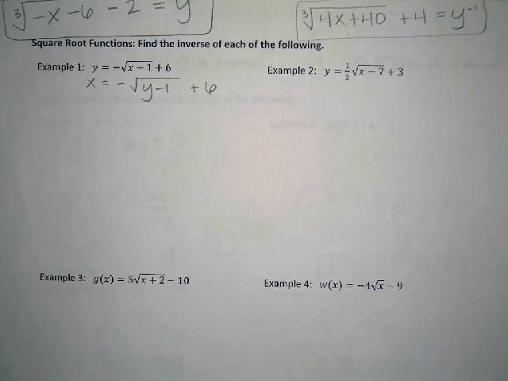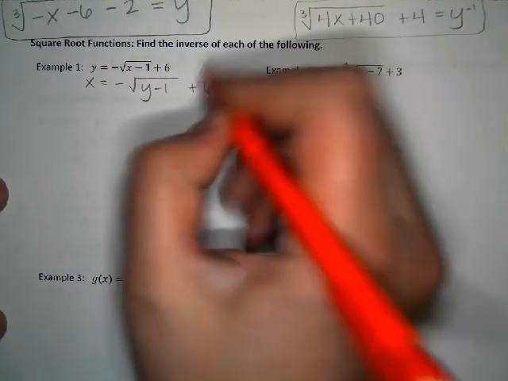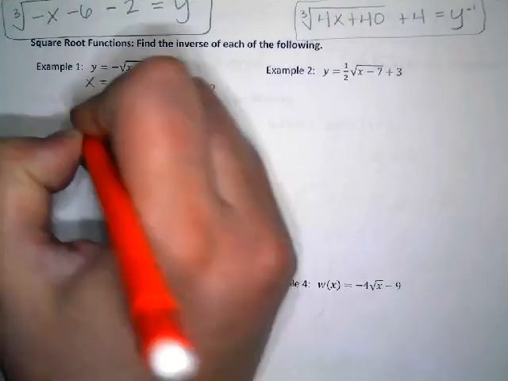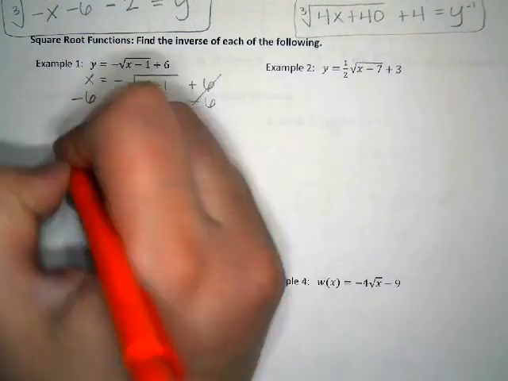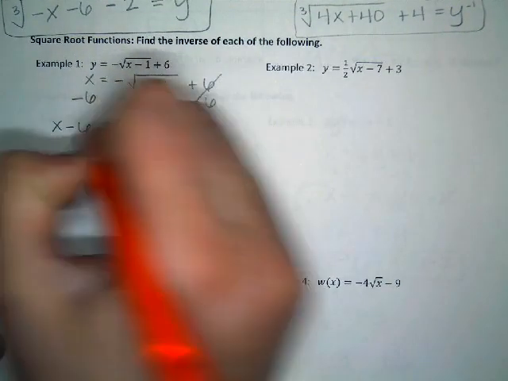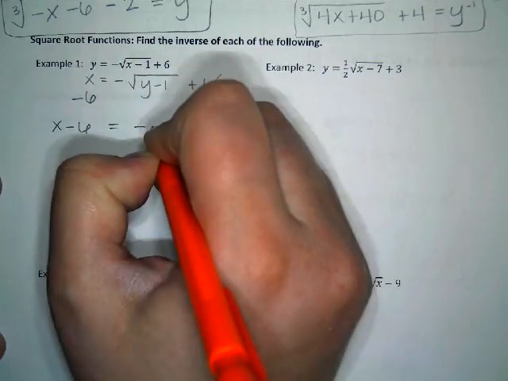So what's the first thing I can move over to the other side? I can subtract the 6. Okay, so I've got x minus 6 equals negative square root of y minus 1.